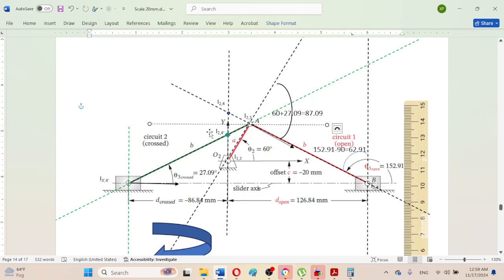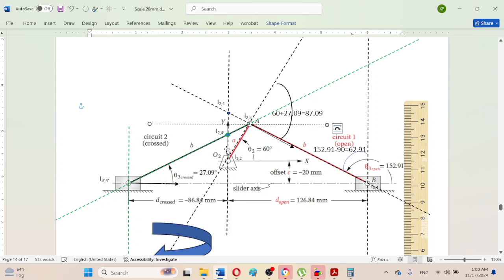So the angle between this horizontal and this crank will be an alternate angle, so the total angle from here to here will be 60 degree. This angle is 27.09, so the angle between this connecting rod and this horizontal reference will be 27.09. So this angle at point A will be 60 minus 27.09.